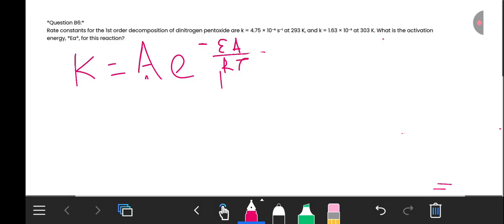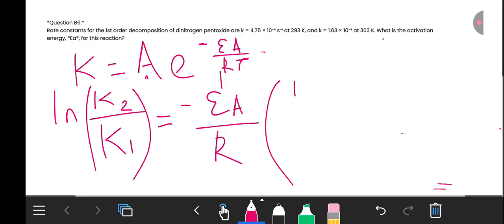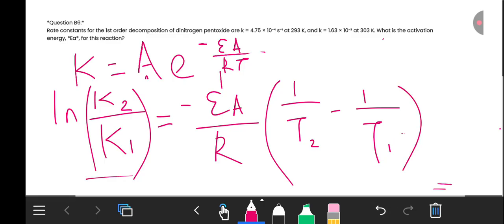Since we've been given two rate constants, if you apply natural log on both sides, you would get ln K2 over K1 is equal to negative activation energy over R, then everything multiplied by 1 over T2 minus 1 over T1. So this is the equation we are going to use.